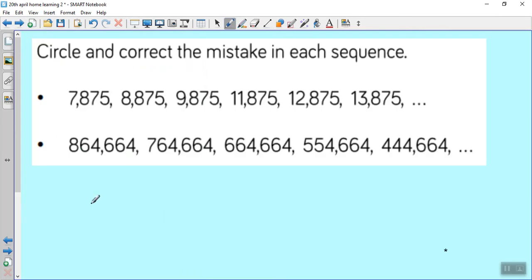Okay, circle and correct the mistake in each sequence. Have a look at what changes and what stays the same.